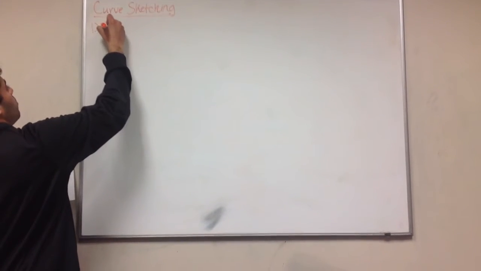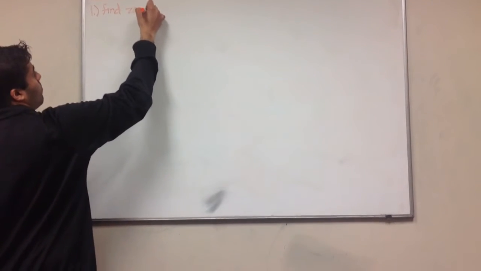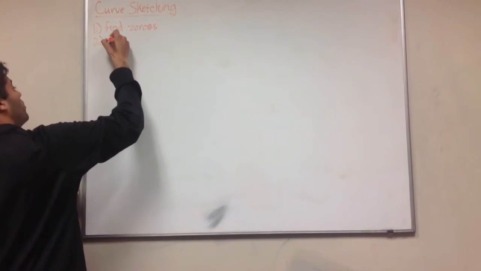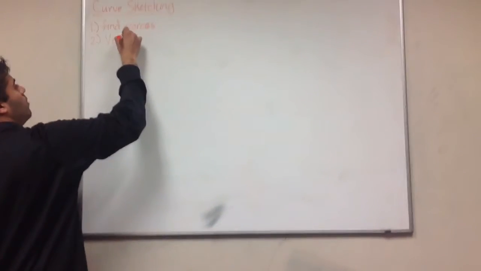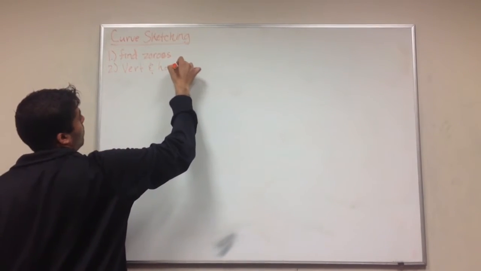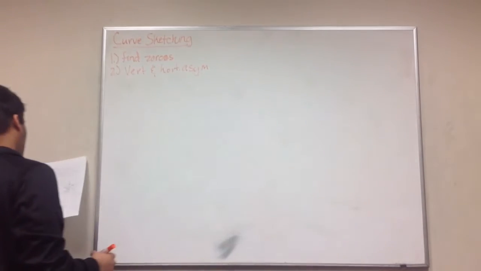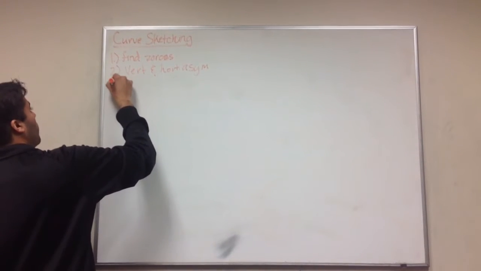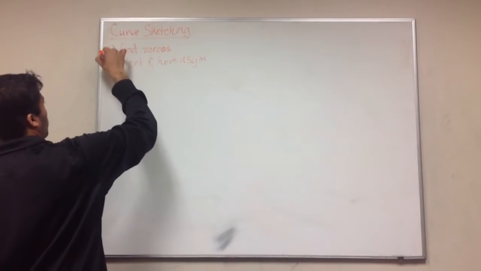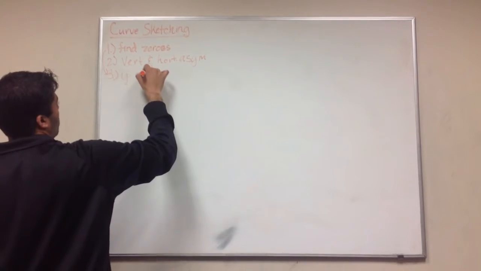First, you have to find the zeros. Second thing is to find the vertical and horizontal asymptotes. Then third, which also connects with one, is find the y-intercept and then plot it as well.